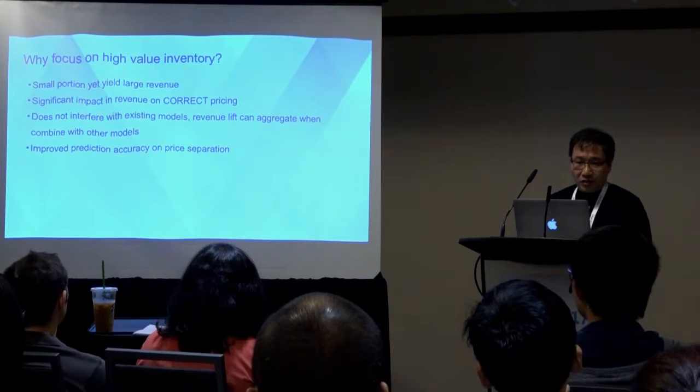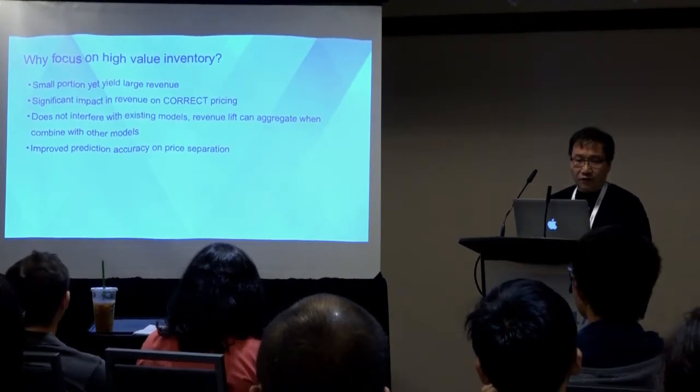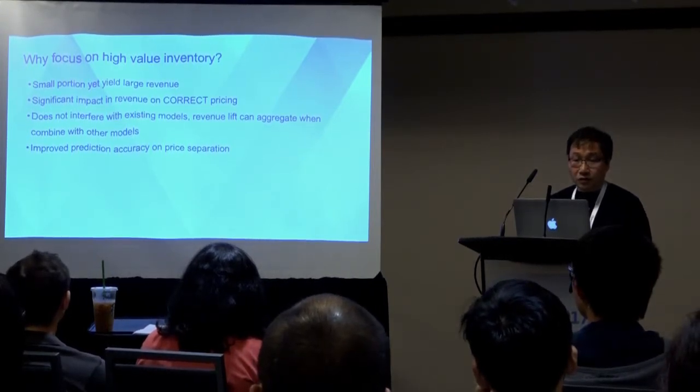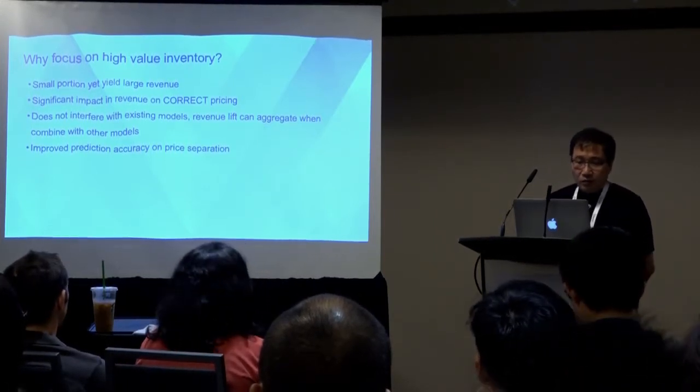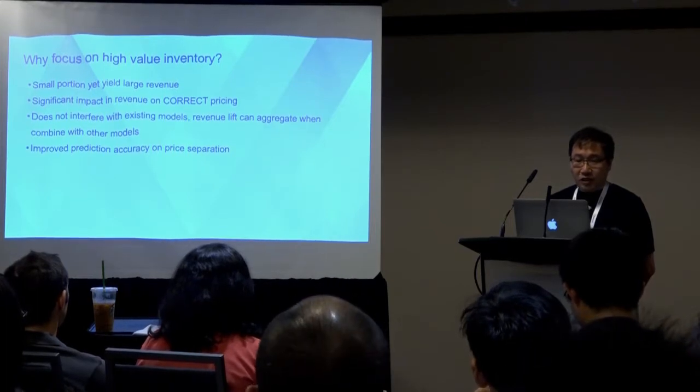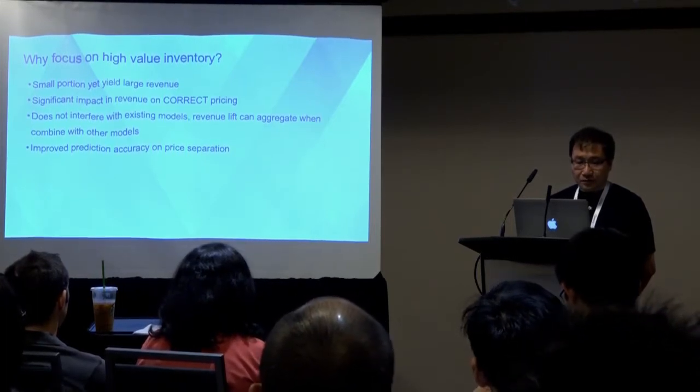Because we noticed that most of the revenue actually comes from a small portion of inventories. Typically, in our marketplace, more than 80% of the revenue comes from those high value inventories.